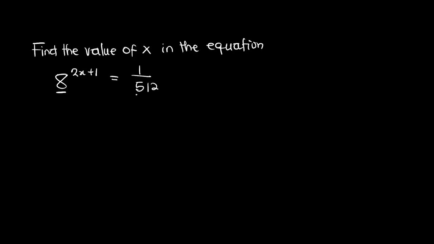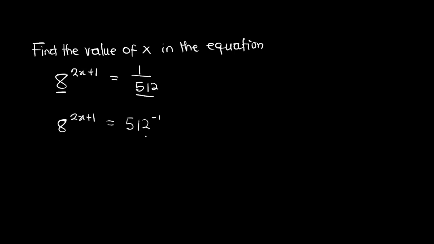So we need to convert 512 into 8 raised to the power something. Before we do that, we can rewrite 8 raised to the power 2x plus 1 is equal to 1 over 512 as 512 raised to the power negative 1.